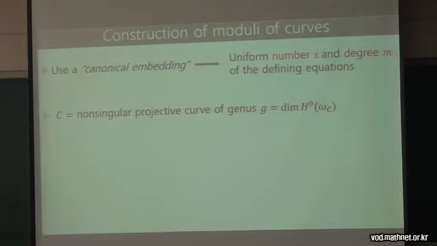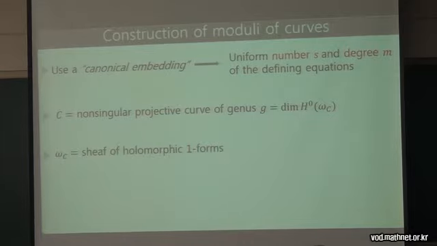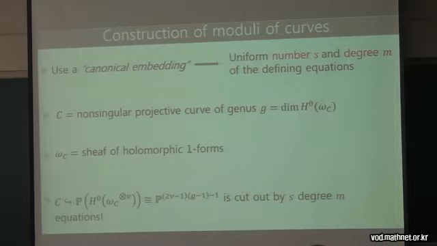So if I have a non-singular projective curve of genus G, then I take the sheaf of holomorphic one forms, and I use what's called the pluricanonical embedding of C. And if I use this embedding for every smooth projective curve of genus G, then it's going to be cut out by the same number of equations in the same degree, so that I can use a single Grassmannian to parameterize all these curves.